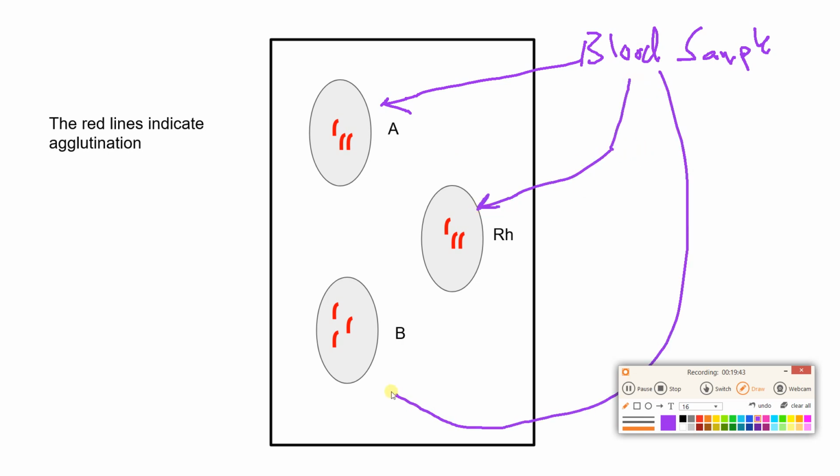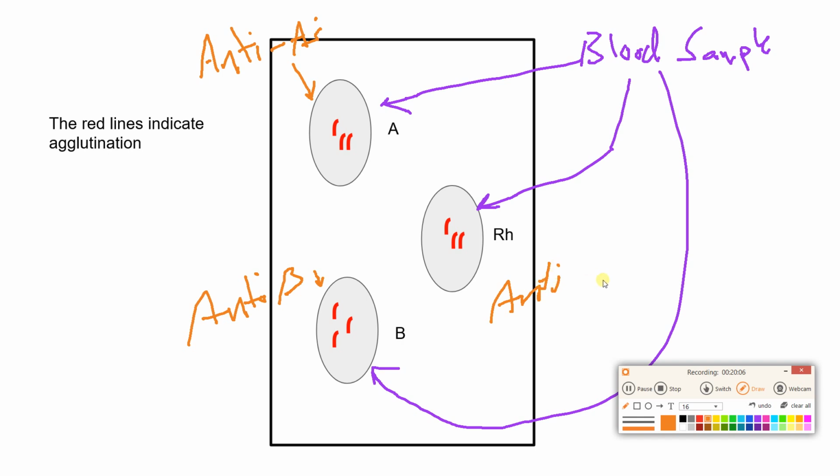Then I put anti-A antibodies in this one, anti-B antibodies in this one, and anti-RH in this one. My little red lines here indicate agglutination.